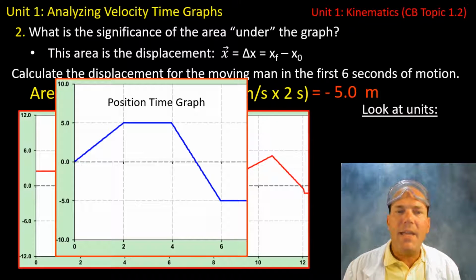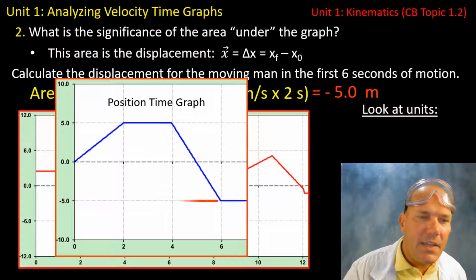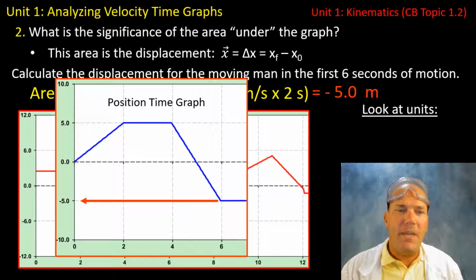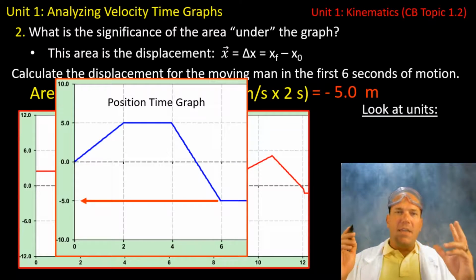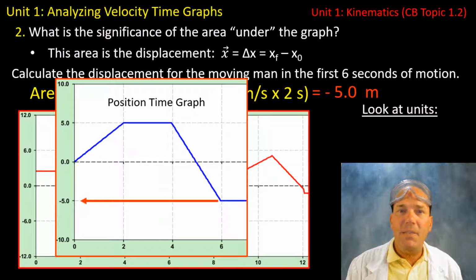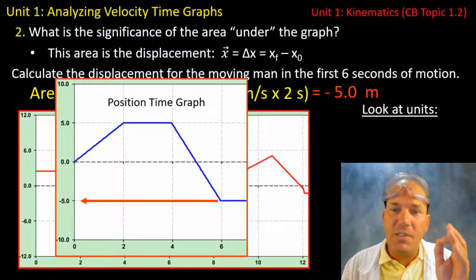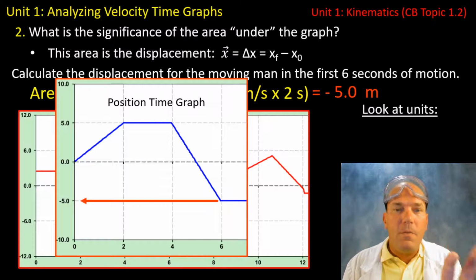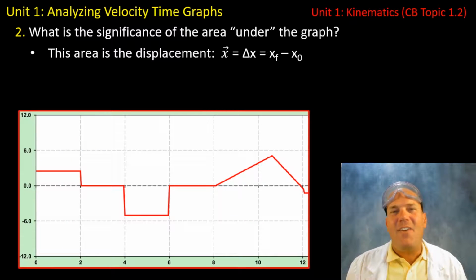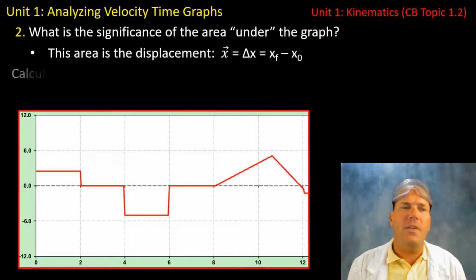This is looking back at our position as a function of time graph, and indeed, at time equals 6 seconds, we see the moving man's position is at negative 5 meters. So that is his displacement between time 0 seconds and time 6 seconds, which is what we calculated for this particular problem. Now, let's look at another example, and I alluded to this earlier.